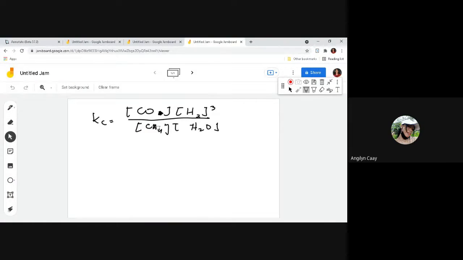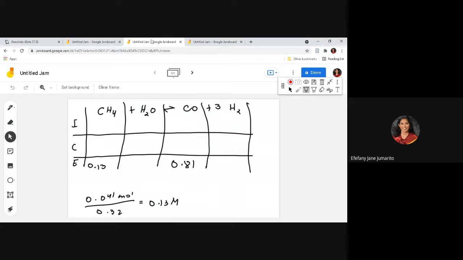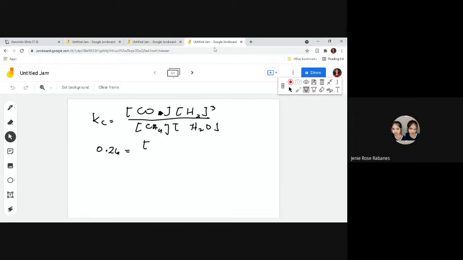So given the Kc, Kc is equal to 0.26, which equals the concentration of CO at equilibrium, 0.81, times H2.